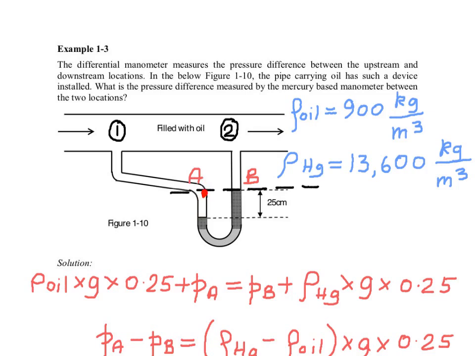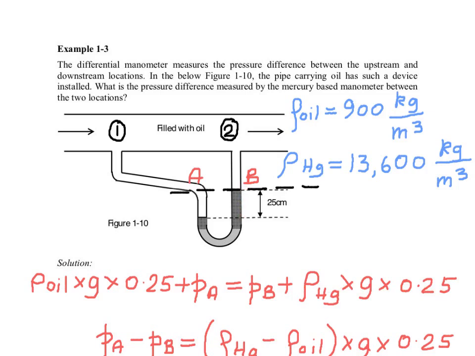plus rho G, the height, where the rho is oil. That's the left-hand equation. The pressure at A plus rho G, height, the hydrostatic pressure, at this point is equal to the pressure B plus rho G, height.